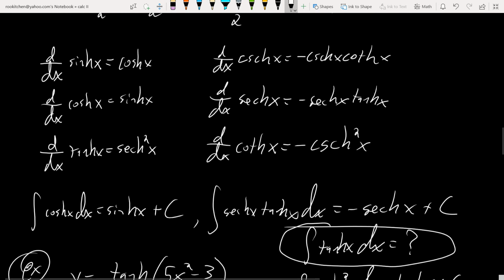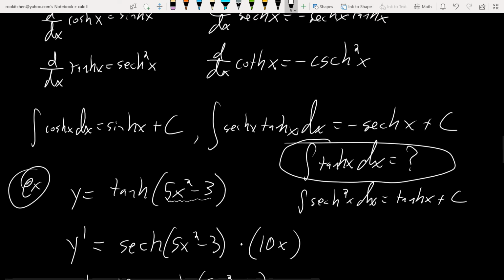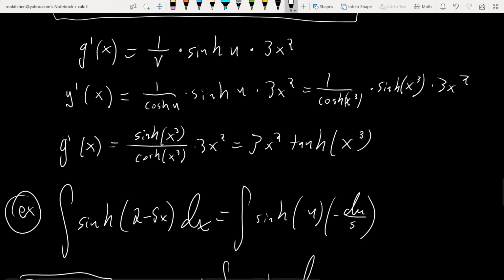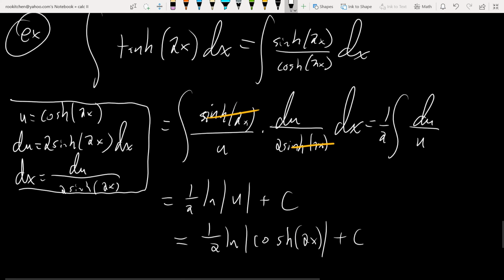So the simple ones, and then the related or associated integrals. I expect you to have these memorized because they're just like the sine and cosine formulas for derivatives. And if you have these memorized, you should automatically have these basic integrals, with the exception of this one, the tanh. I wouldn't expect you to have it memorized, but I would expect you to be able to do this conversion and then a u sub.